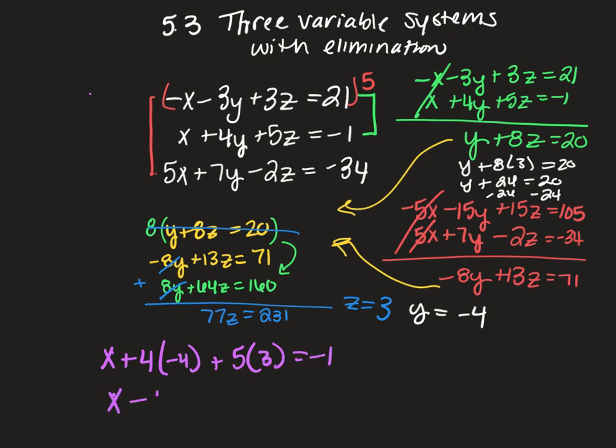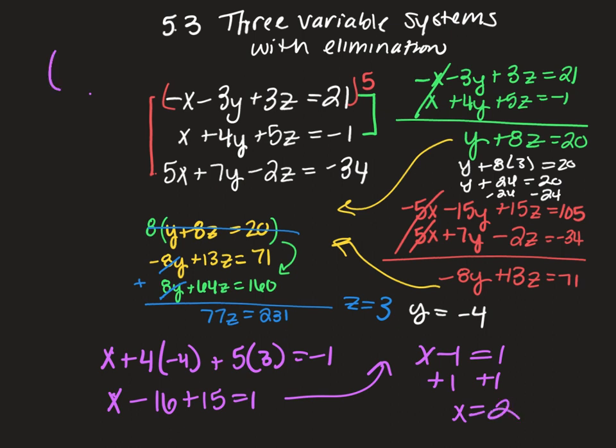So x minus 16 plus 15 equals 1. So x minus 1 equals 1. X equals 2. So the solution to my system is 2, negative 4, and 3.